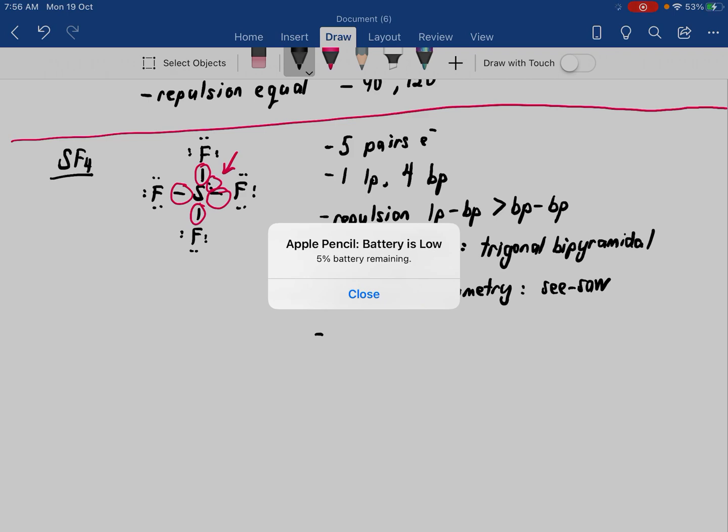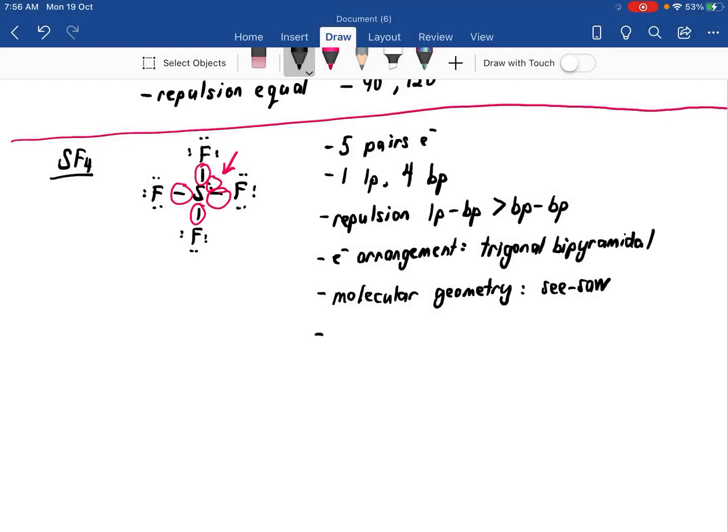So what happened is we have less than 90 degrees and less than 120 degrees, because now the lone pair is pushing the bonding electrons closer to each other. So this will be less than 90. This one will be less than 120.